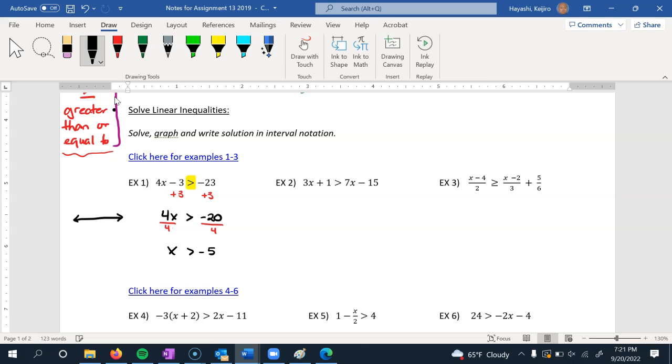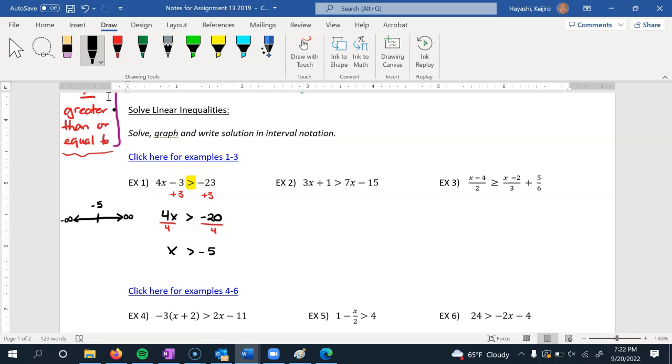So if you know what the interval is going to look like right away, I guess you can just write the interval. I'm still going to draw a number line.